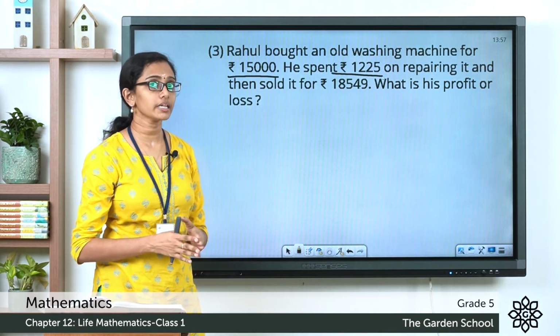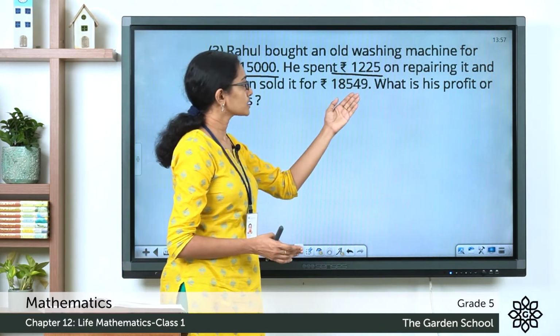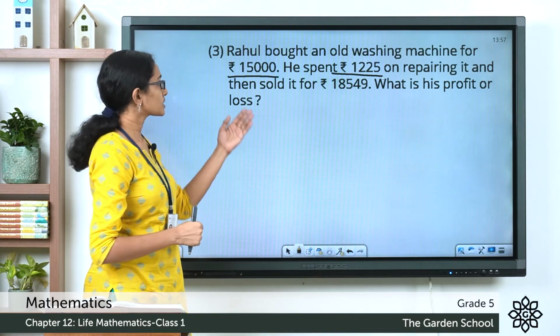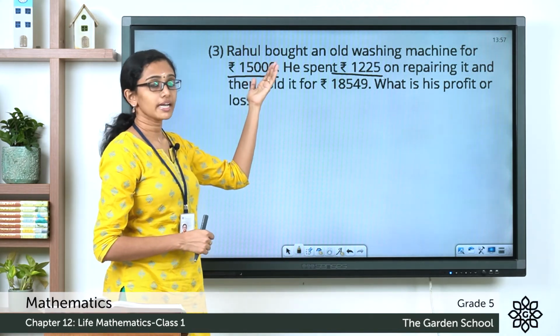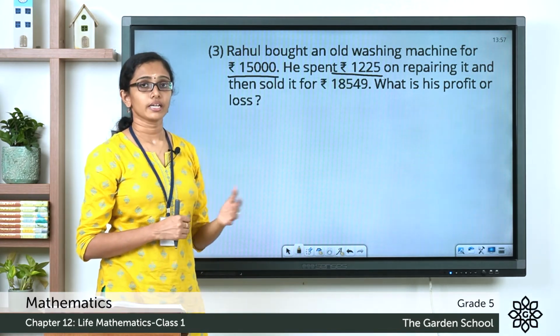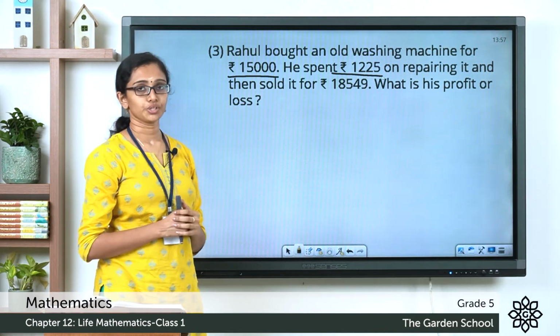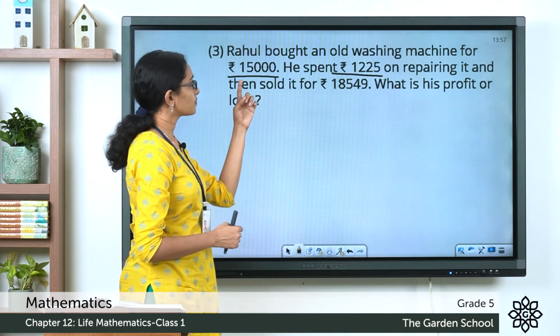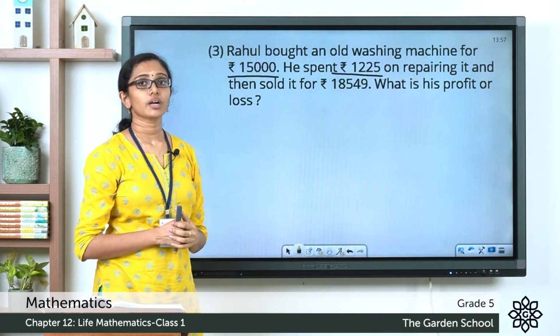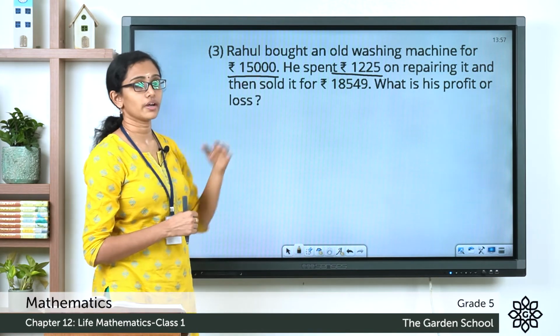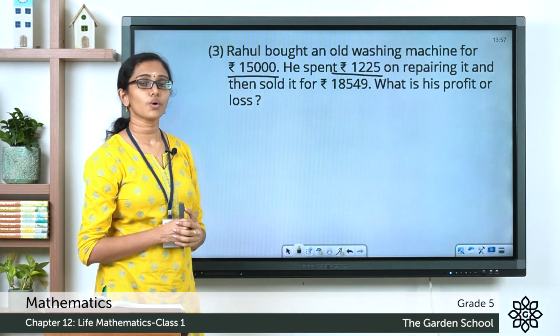Then after repairing, he sold it at rupees 18,549. So let's first add the buying price plus the expense for repairing it to find out what it actually cost him to buy this washing machine. So that would be equal to 15,000 plus 1,225, which is equal to 16,225. So that is his total cost price.